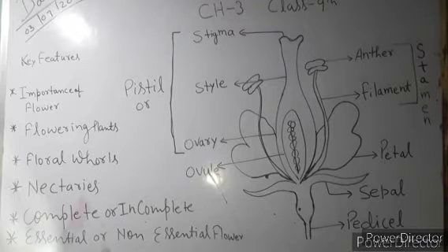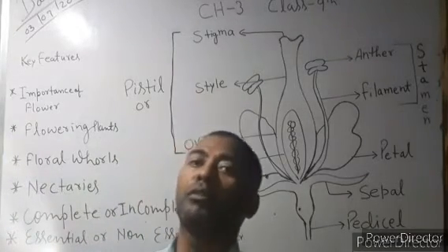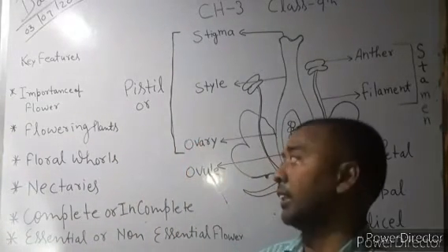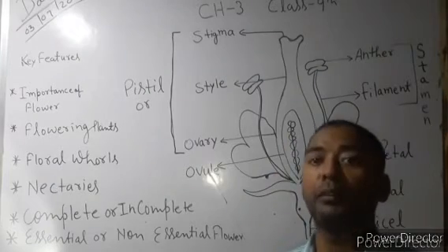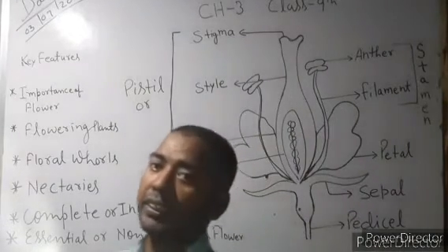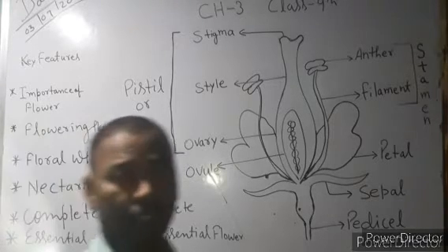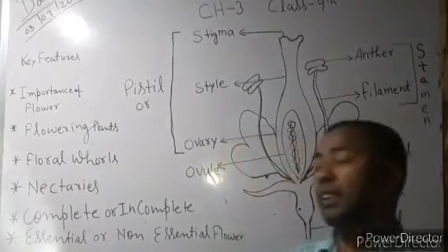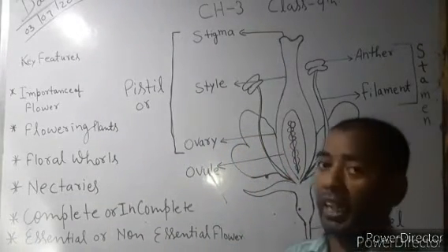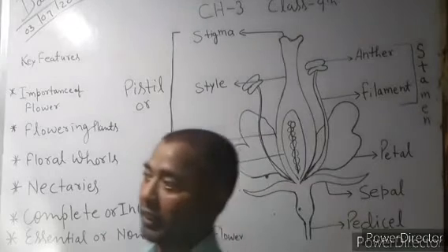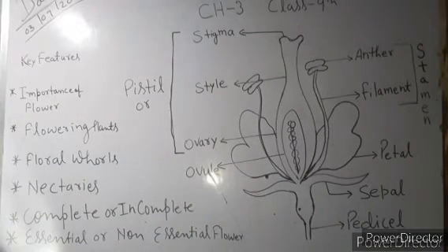But some plants have no flowers, such as cycas, pinus, redwoods, pines and firs. We call these gymnosperms. Gymnosperm means naked seed, because they have no flowers, only seeds appear in them.